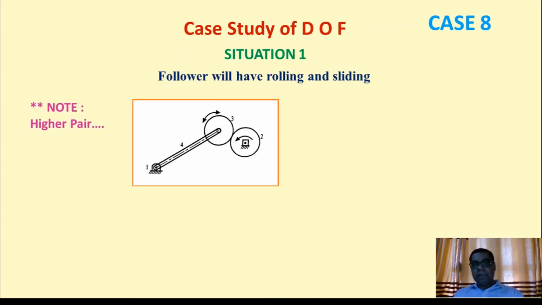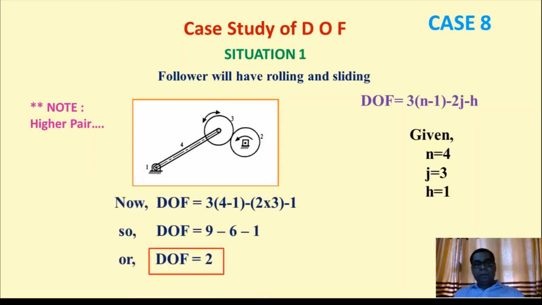So basically there is a higher pair, where you can see a curved surface in contact with a curved surface, and there is a point contact obviously. So the degree of freedom according to Grubler's criteria, we are getting lower pair equal to 3, higher pair equal to 1, where the number of links is 4. By calculating all this, we are getting degree of freedom equal to 2.